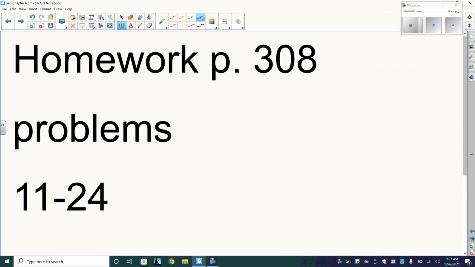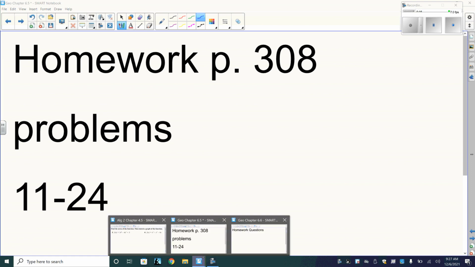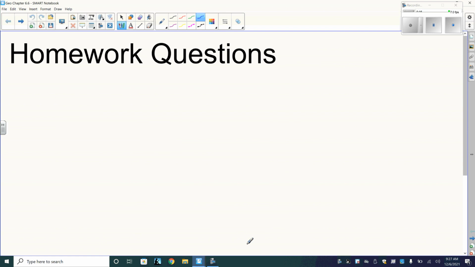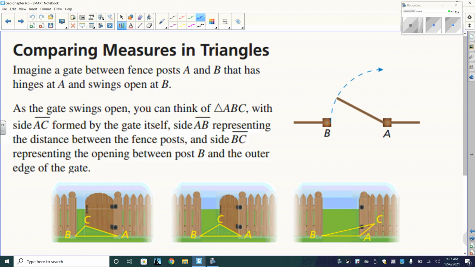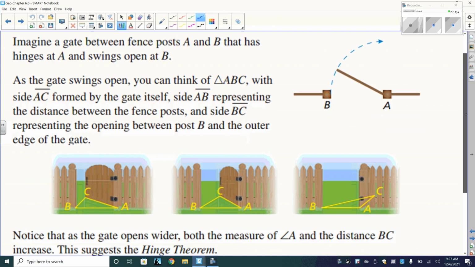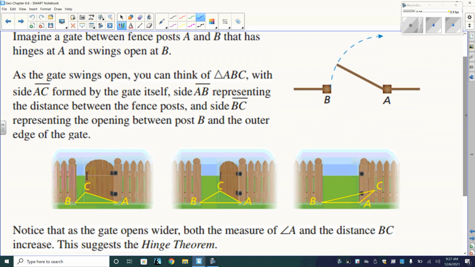All right, well, we're going to move on to 6.6. The first thing we're going to talk about is the hinge theorem. Really what this is talking about is that we do have two lengths for this gate.